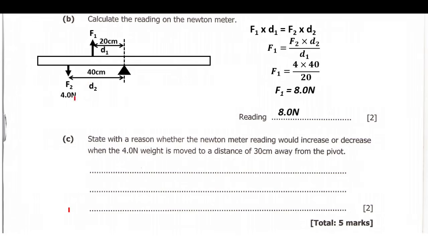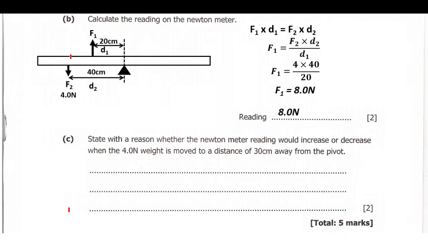So since when this force is moved, that is going to affect also the reading on the Newton meter, because when the force is decreased here, you also consider that the moment which takes it this way will also decrease.